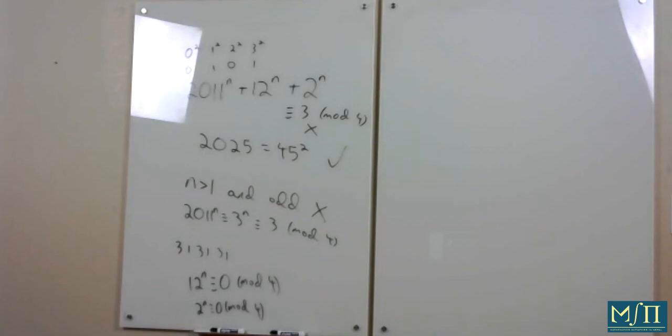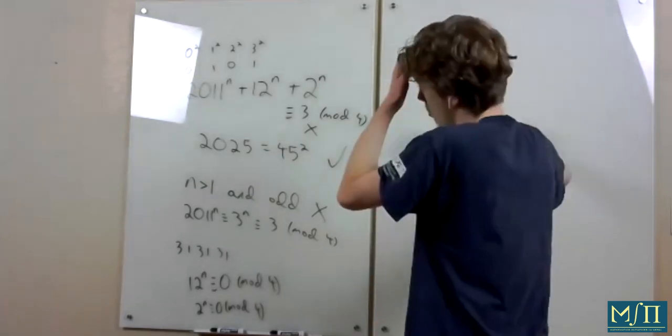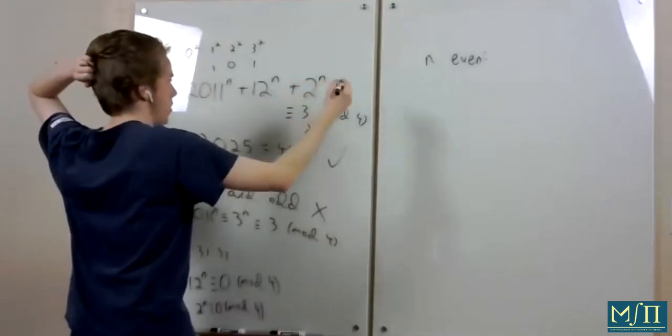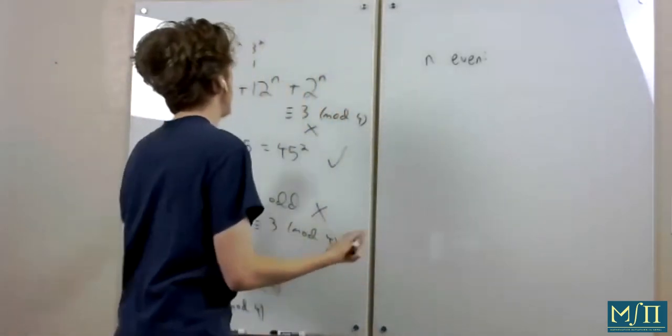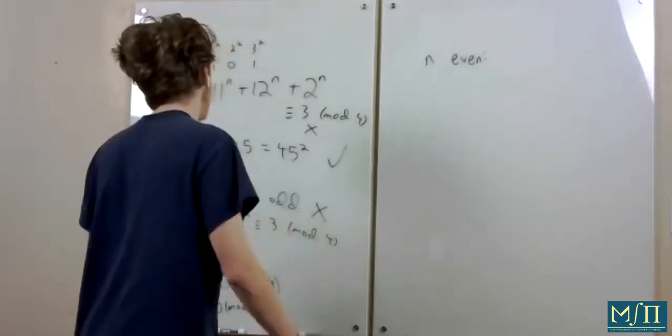Well, just focusing on the even case, if n is even, looking at it mod 3, you could look at it in terms of Fermat's little theorem, but you don't need to do that here.